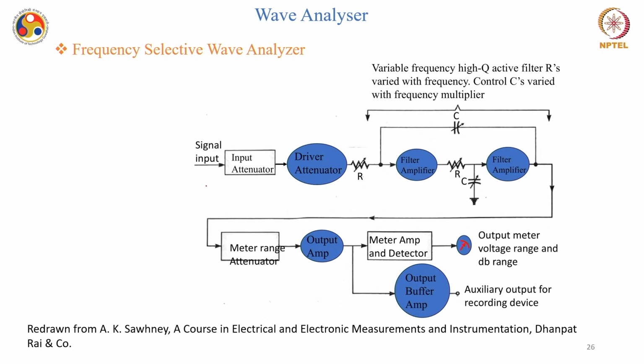You can see that you are giving the input to the attenuator, which I am calling the input attenuator. There is a driver amplifier, and there is a series of RC networks constituting a high quality factor active filter. Then you have a meter range attenuator, output amplifier, then this detector and buffer amplifier for the output, and an auxiliary output for recording devices, and so on.